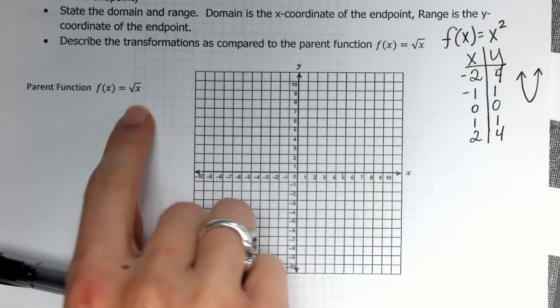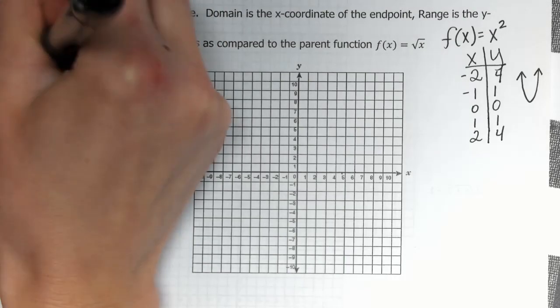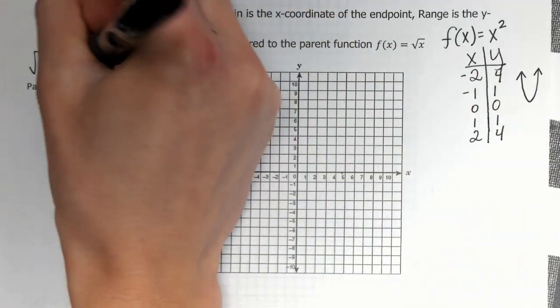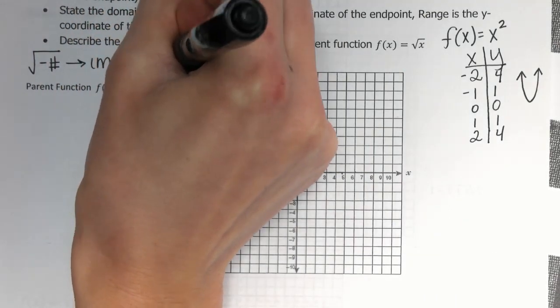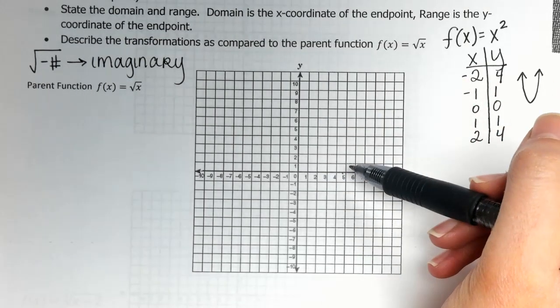Since we are taking the square root, if you take the square root of a negative number, what does that give you? i. It gives you imaginary. So when we're doing our graph on an xy grid, we don't have imaginary parts. Okay?